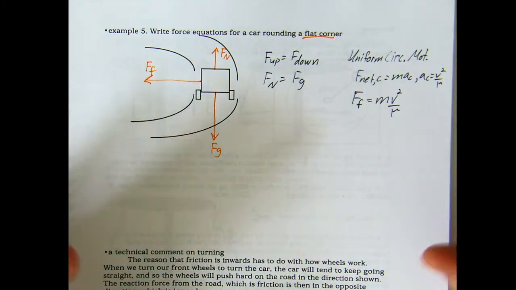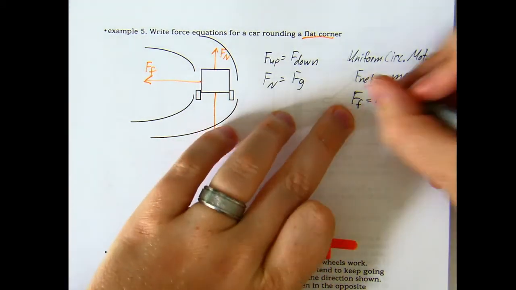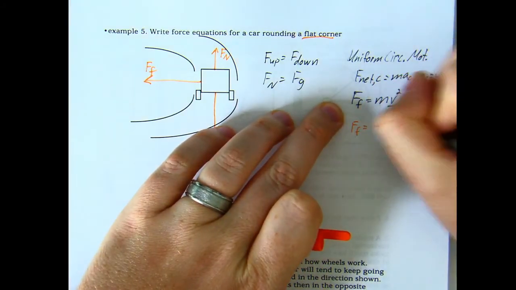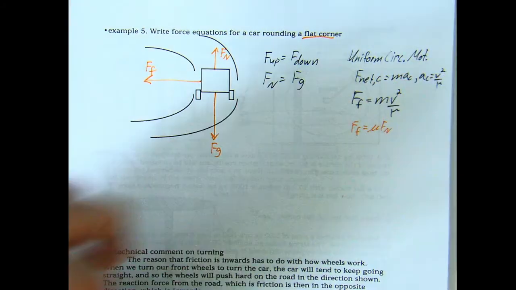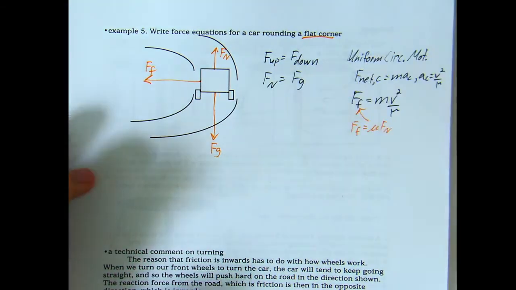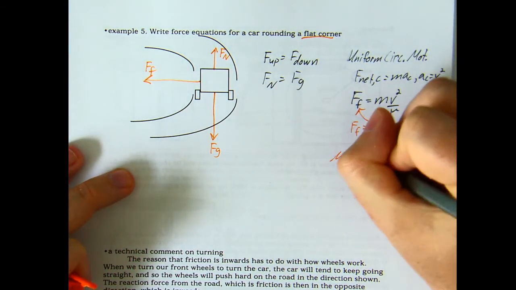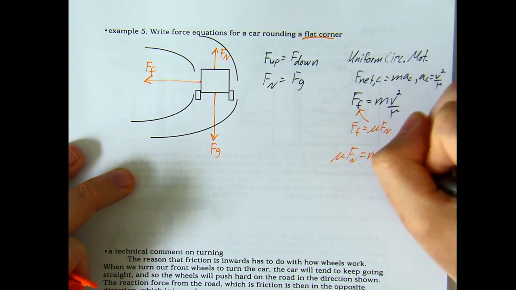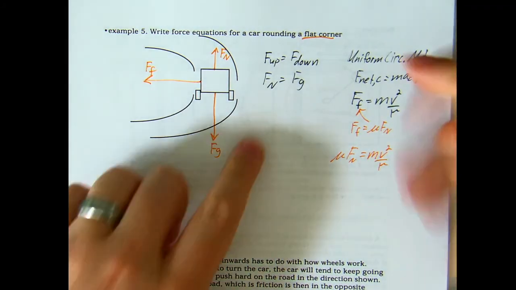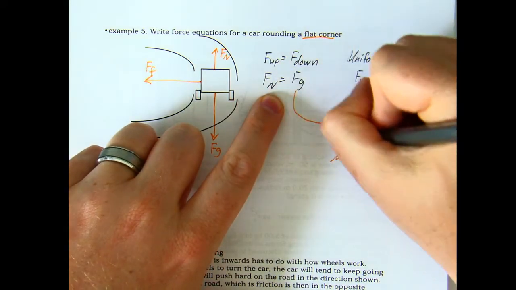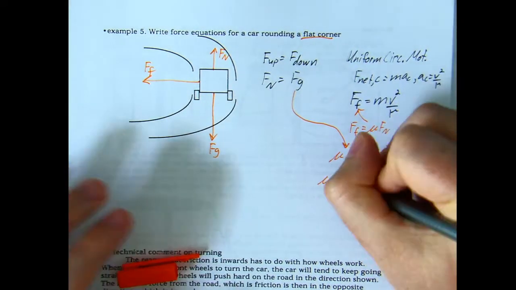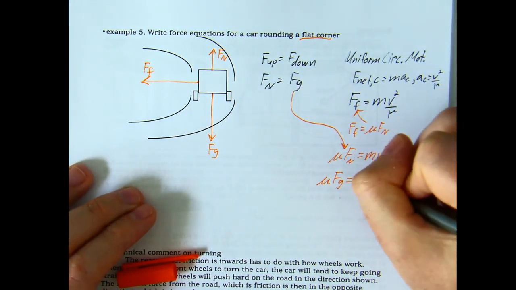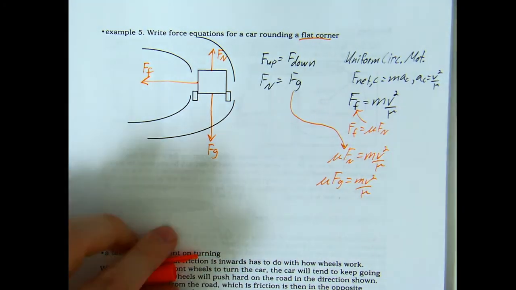We're going to recall some stuff here. Force of friction equals mu Fn. So we're going to insert that here. So we're going to get mu Fn equals mv squared over r. We've already established that Fn equals Fg, so I'm going to shove that in there. So I'm going to get mu Fg equals mv squared over r.